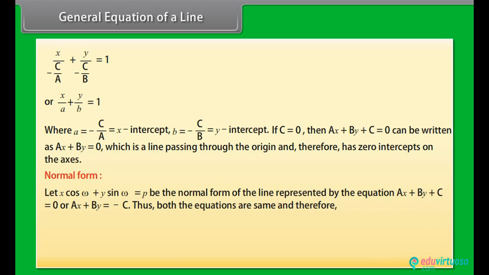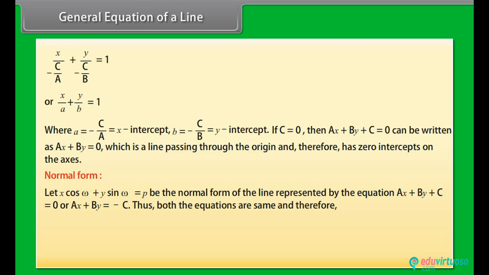Let x cos omega + y sin omega = p be the normal form of the line represented by the equation ax + by + c = 0, or ax + by = -c.